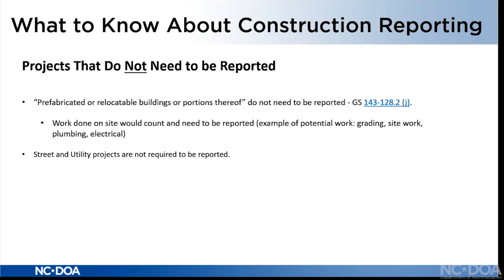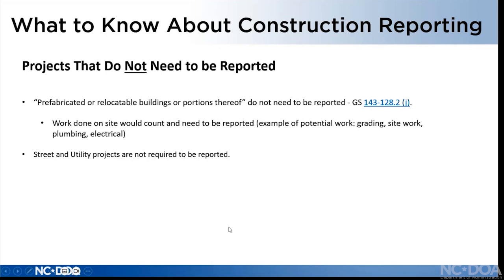So if you need to do grading and installing sewer lines or electrical stuff to prepare that site for that building to be on there, that work done on that site would go towards that $30,000. If that work is going to be more than $30,000, then you would need to be looking to reach out to HUB vendors to see if they bid on that work and then report on it.